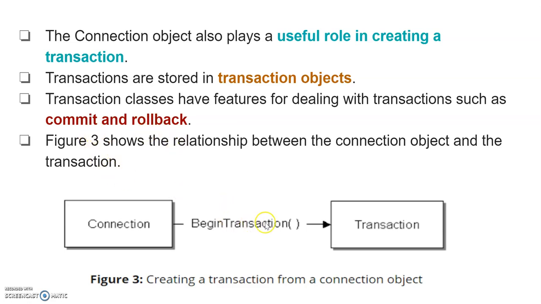So beginning the transaction and performing the operations on the transaction can be done with the help of the connection. Remember that first of all we have to establish a connection, then we can perform different operations on the data source. Once the operation is performed, then we have to close the connection.